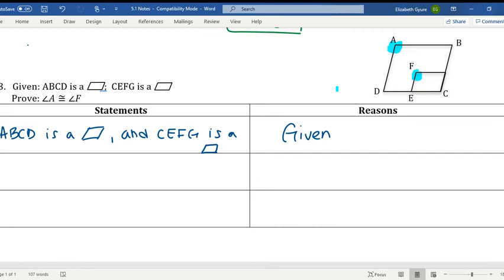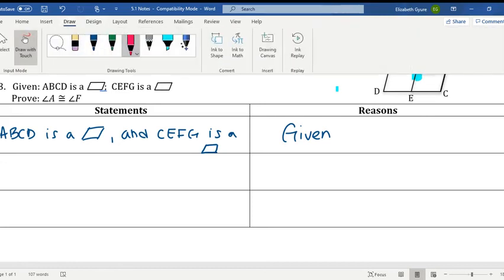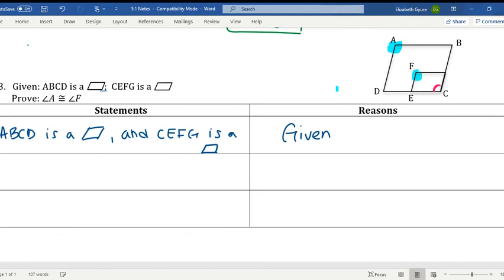Now, if we want to figure out a way to tie angle A to angle F, we're dealing with angles, so think about your new angle properties. One of the theorems we just learned about that has to do with parallelogram angles is that the opposite angles are congruent. So if you have two shapes within each other, something that we'll be able to say here is that angle C is congruent to angle A. But angle C is also opposite angle F.